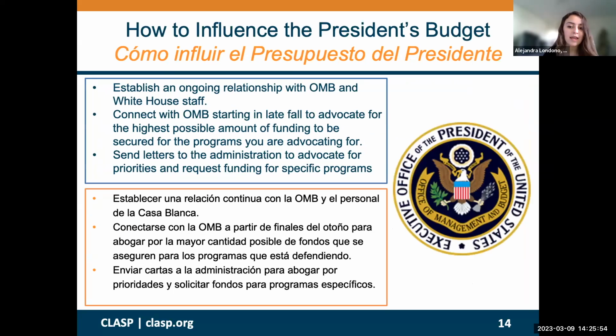There are several ways that people and organizations can influence the president's budget. These include establishing ongoing relationships with the Office of Management and Budget and other White House staff, connecting with the Office of Management and Budget starting in the fall to advocate for the highest possible amount of funding to be secured for the programs that you advocate for, and sending letters to the administration to advocate for priorities and request funding for specific programs.